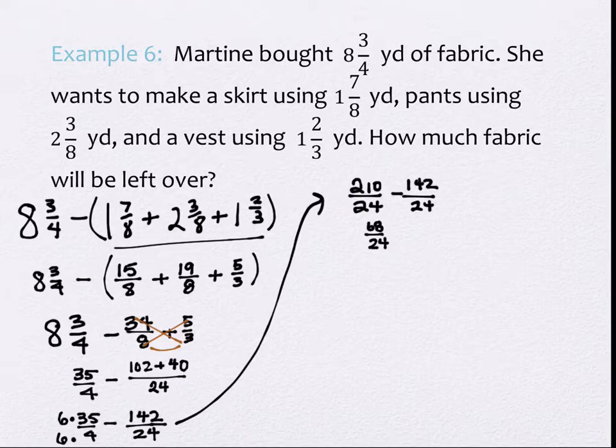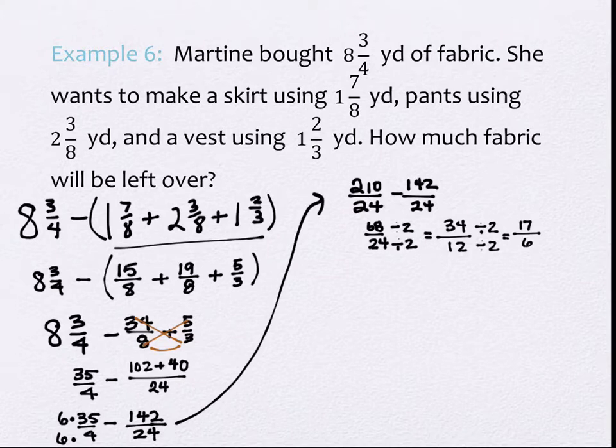So in particular, 68 and 24, they're both even at the very least, right? So you could divide them both by 2. So what is 68 divided by 2? 34. And what is 24 divided by 2? 12. Still both even. Divide by 2 again. 34 divided by 2 is 17. 12 divided by 2 is 6.